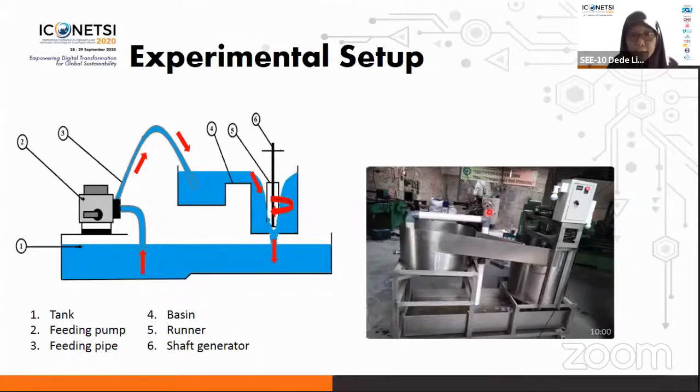A valve is placed here on the pipe. It regulates the water flow. 5 valve openings of 30, 45, 60, 75, and 90 degrees, which is the fully open, were assigned.